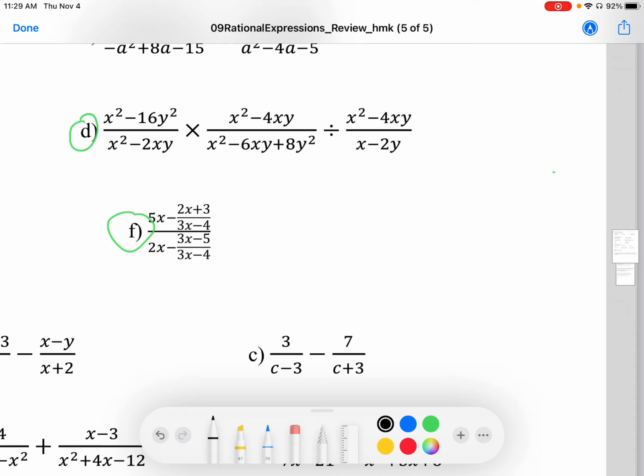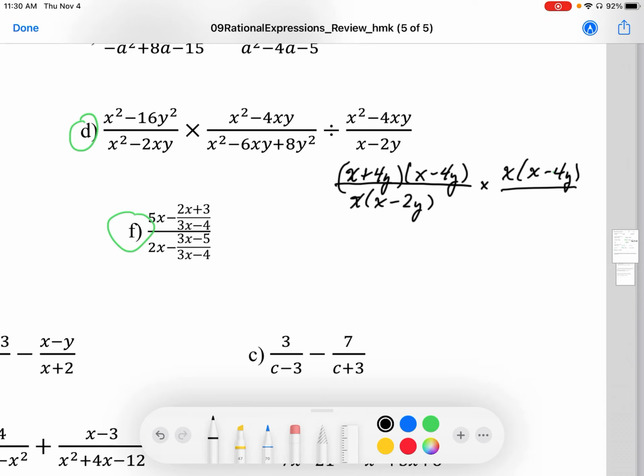First of all, we're going to rewrite this in factored form. So x plus 4y, x minus 4y over, factor the x out, x minus 2y, times x minus 4y over, and factoring this is going to be x minus 4y, x minus 2y.